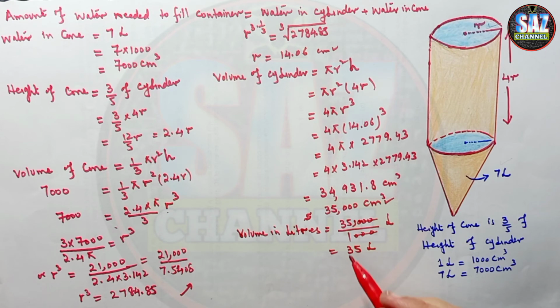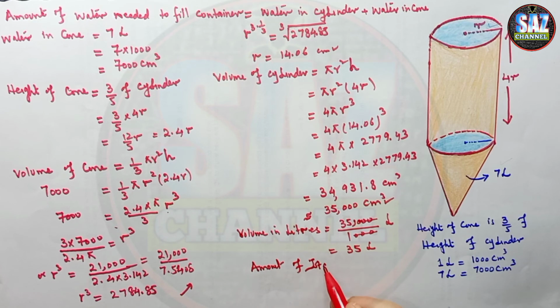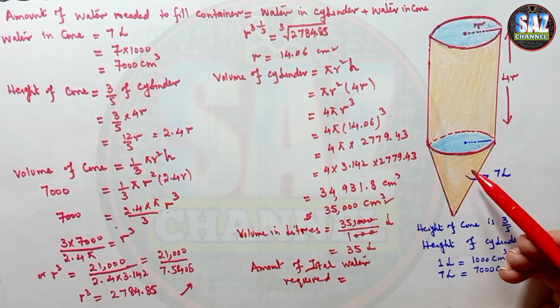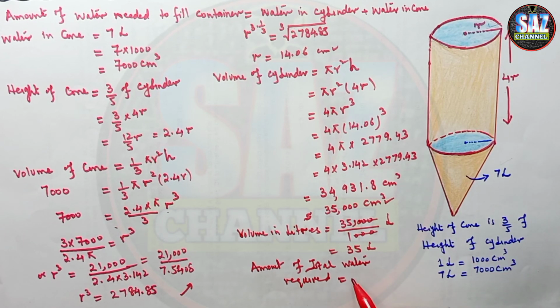So the total volume or amount of total water required is the volume of water in cone plus volume of water in cylinder, that is 7 liters plus 35 liters, and 7 plus 35 is 42 liters.